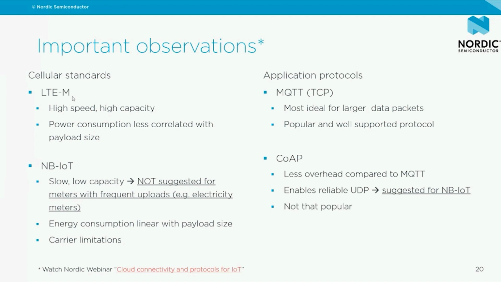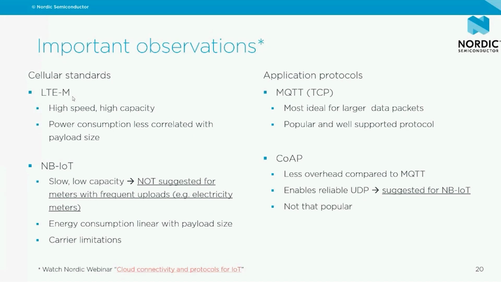When you have high capacity, we see that power consumption is less correlated with payload size. So typically with LTE-M, you will see that you pay a little bit more in power consumption if you're sending a very limited amount of data. But if you're starting to send bigger packets, let's say a few kilobytes of data every time, LTE-M becomes very beneficial because it's much more efficient when you have higher payload size.